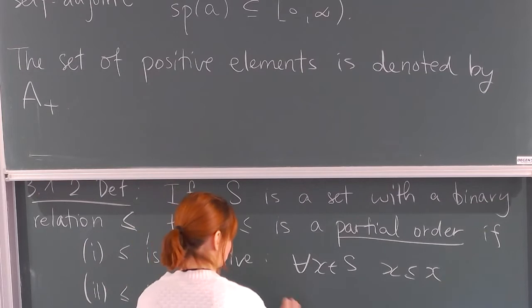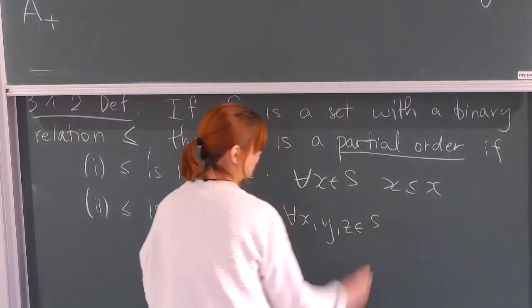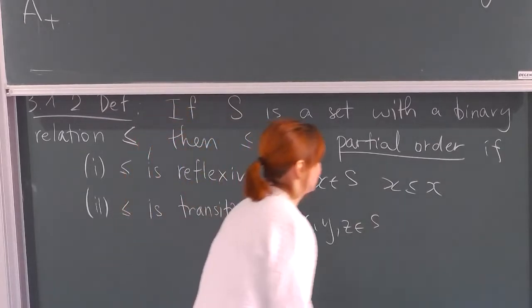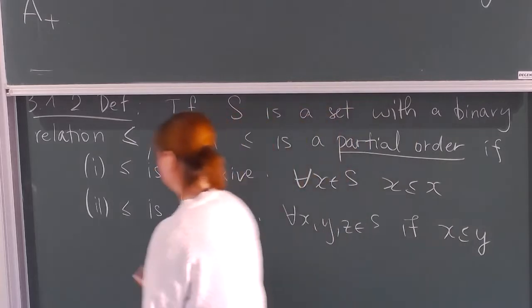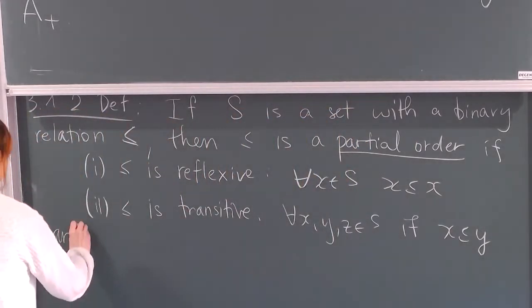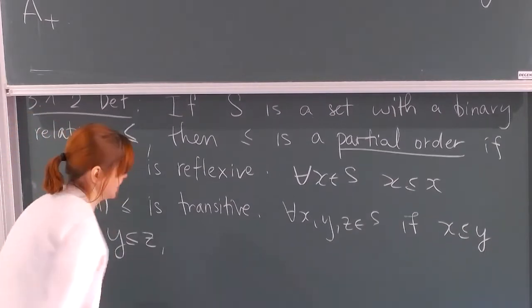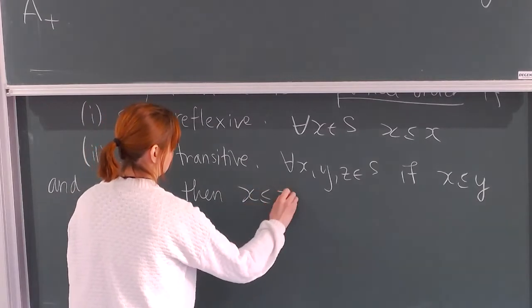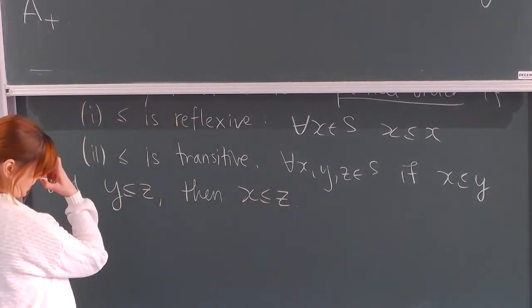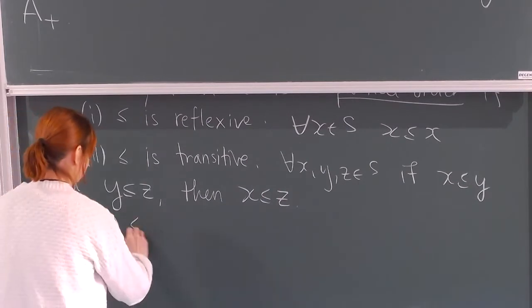So whenever we have three elements, X, Y, and Z in S, if X is less than Y and Y is less than Z, then we want that X is less than Z. And finally, we want that it's antisymmetric.